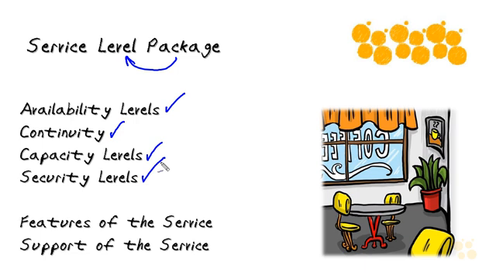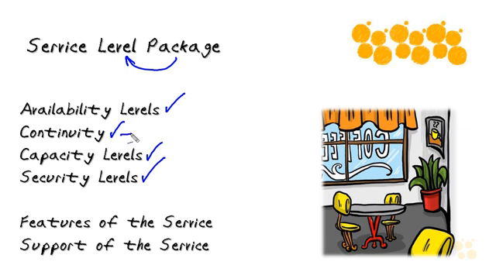Security levels. Maybe you need something that is available at a low level of security, a public level of security, whereas certain things might need to be private and secure, maybe utilizing VPN technologies. So that would obviously be a higher level package, or maybe just a different type of delivery. That's another thing, because remember, the availability or the continuity can also come into play.